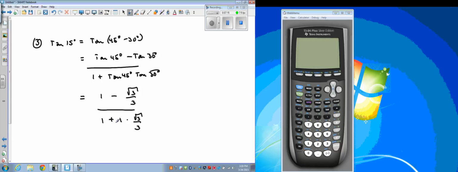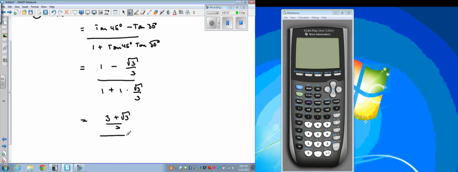Yep. So now we have to get a common denominator. So the numerator is 3 minus the square root of 3 over 3, and the denominator is 3 plus the square root of 3 over 3.